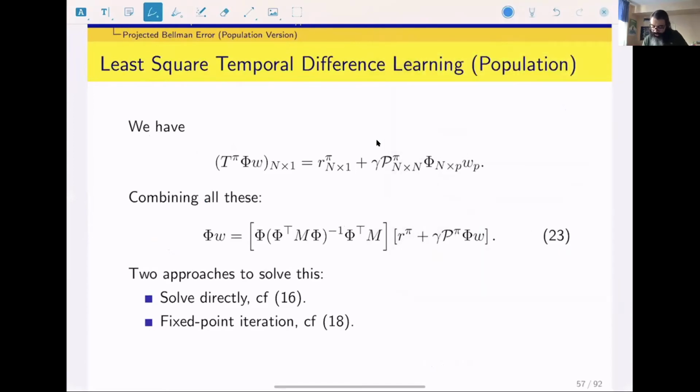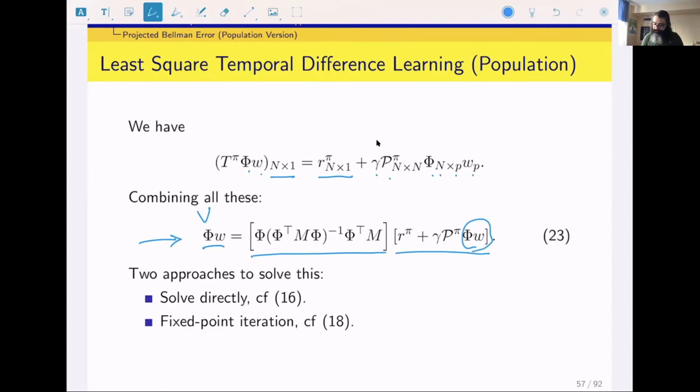So T pi applied to phi W, which is an n by 1 vector, would be the reward function, an n-dimensional vector, plus gamma times P, an n by n matrix, times phi, which is n by p, times W. If I plug all these things together, the fixed point of the projected Bellman operator can be written as the solution of a linear system of equations: on one side we have the value function, phi W, and on the other side the projection of the Bellman operator applied to the value function.